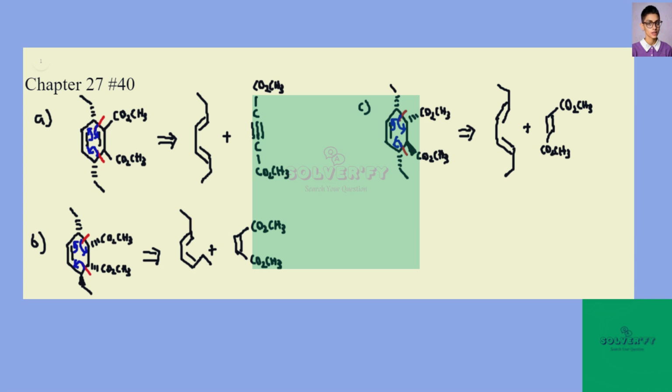And so this problem is a good overview on how the stereochemistry at each possible position of the diene and the alkene or alkyne goes on to affect your stereochemistry in the product. And that is the answer to chapter 27, problem number 40.